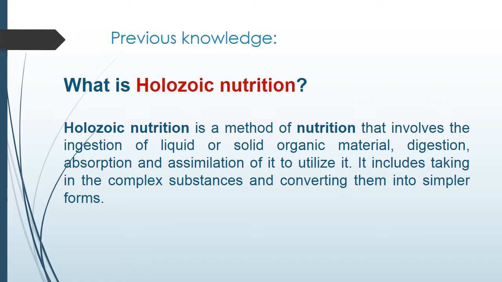I am sure that you have already learned about holozoic nutrition in lesson number 1 of chapter 2. What is holozoic nutrition? It is a method of nutrition that involves the ingestion of liquid or solid organic material, digestion, absorption and assimilation of it to utilize it.